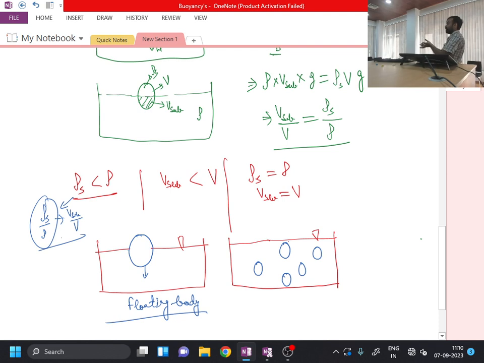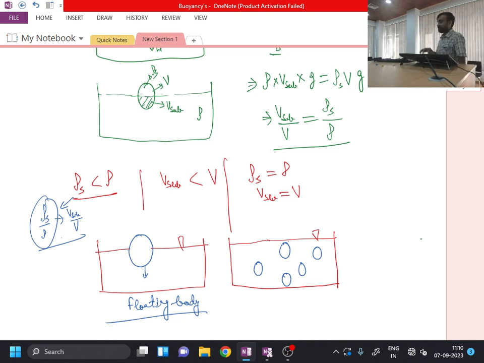That is something which will happen if I have a floating object, and if I displace this floating object vertically downward, it oscillates for some duration and once again reaches its original equilibrium position. So that is the concept of a floating body.